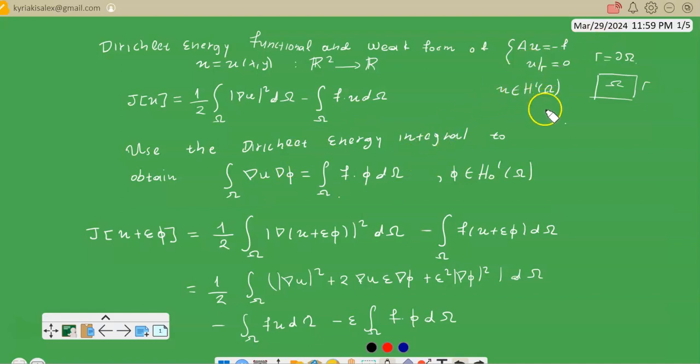And the function u belongs to the classical H1 Sobolev space, and the function phi is the test function belonging to H0 1 of omega, which means that the function phi vanishes at the boundary, and it belongs to L2, and its gradient also belongs to L2.